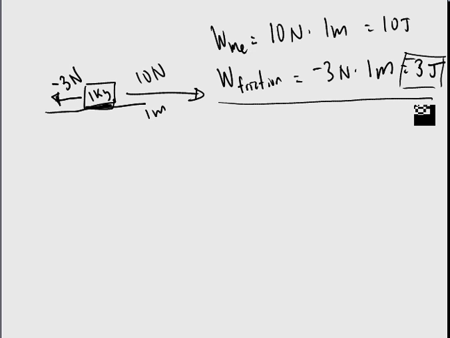I can't be like, oh, well, I did all this work against friction, so now the box will slide itself for a while, which is kind of what we saw with gravity, right? If I take a ball from point A and I raise it to point B, it gains potential energy. And we can see that potential energy be converted back to kinetic energy when we let it fall, right, all by itself.